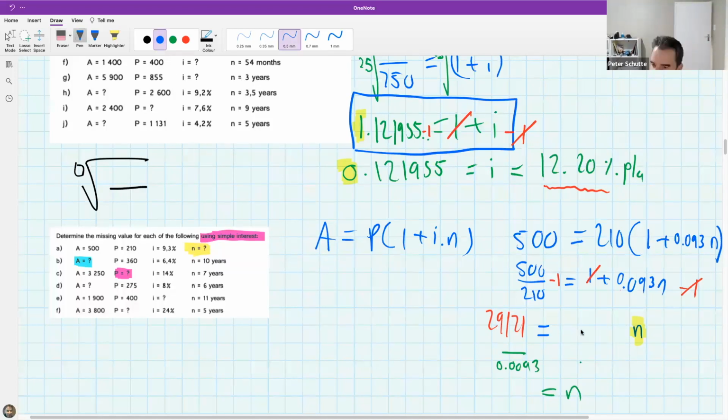Thank you so much. So we should have here 0.093. And hopefully then we get a better answer. Let's have a look. What are you guys getting?